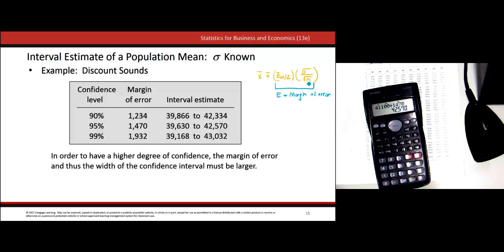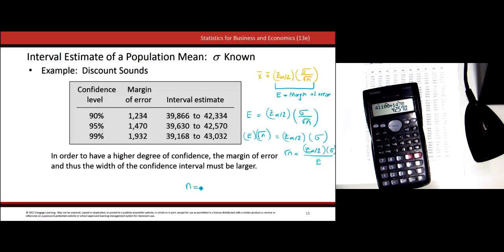Now, how can we calculate the required sample size for a given margin of error and confidence level? So E equals z alpha over 2 times sigma over square root of n. We try to leave n alone, so we multiply both sides by square root of n and divide both sides by the margin of error.